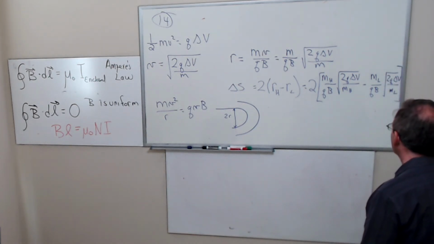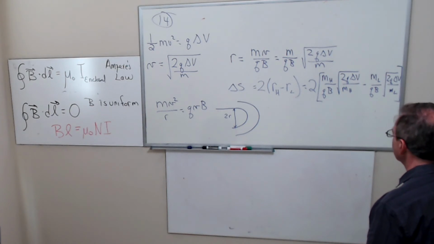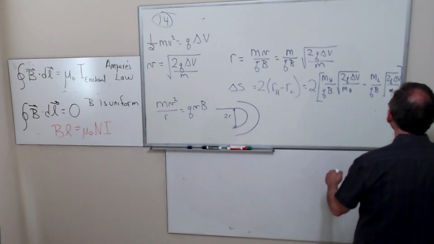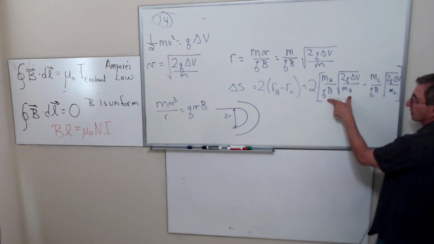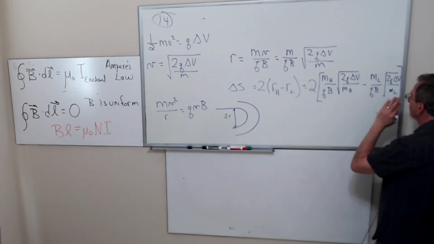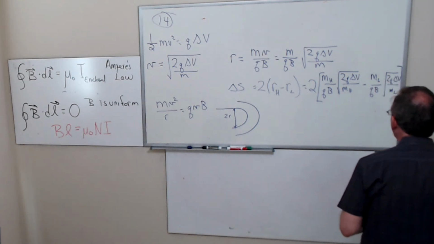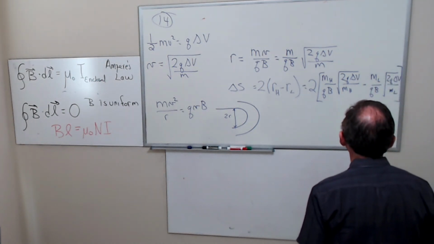Is that okay so far? Yeah, you just plug stuff in, right? Well, all we know is, we know this number. We don't know this number, right? We don't know Q delta V. So let's factor out some stuff.